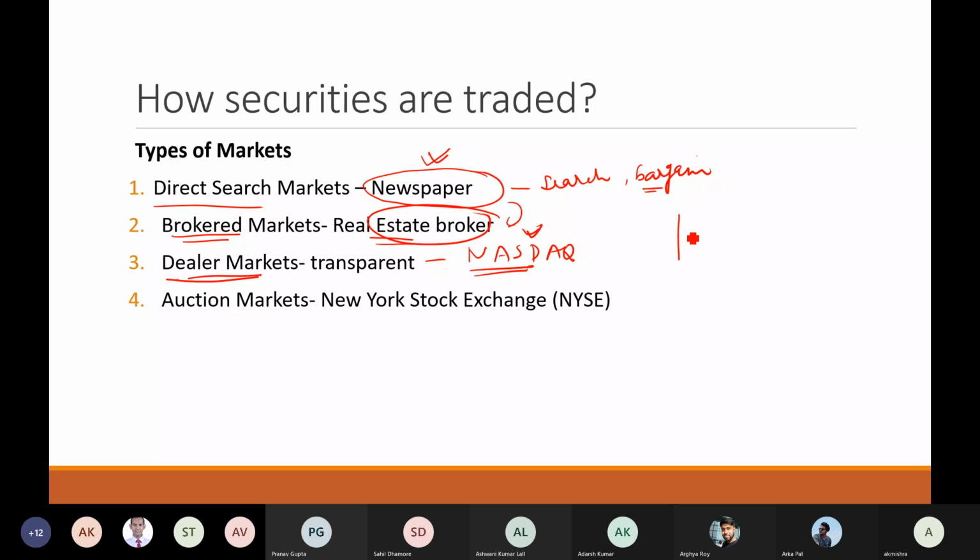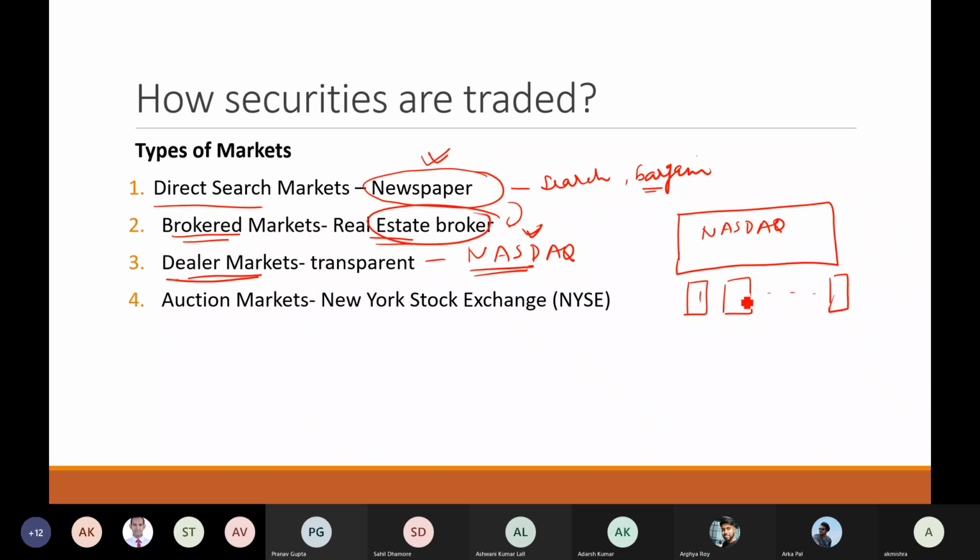Basically, if this is your NASDAQ exchange, and in this I'm assuming that you have N dealers.